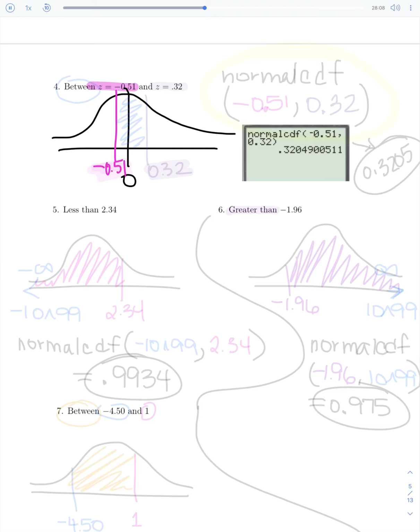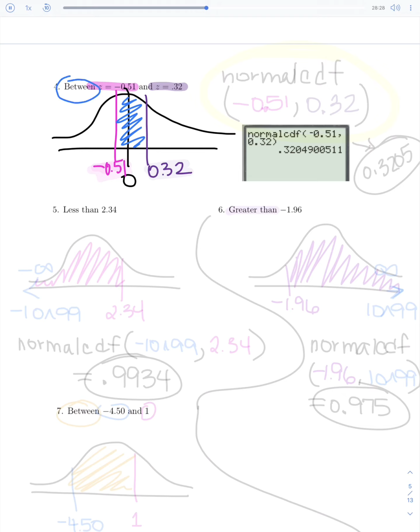And then we also have 0.32, which is a little bit bigger than 0. And what we want to find is the area in between the two. So in between the two.